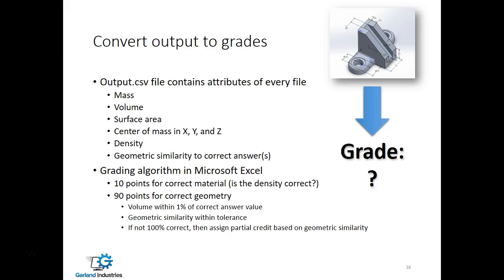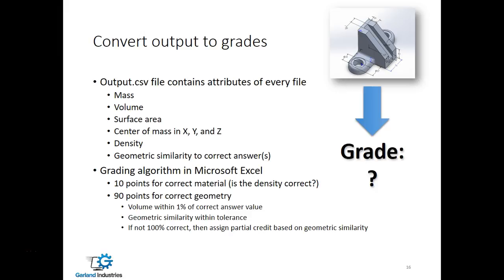Also, I can grade for whether or not they got the shape right, whether or not the geometry is correct. And there's 2 ways we generally do this. One is we check the mass or volume, and this is exactly the same as what SOLIDWORKS does on the CSWA when they ask you to report the volume of a part that you've modeled.